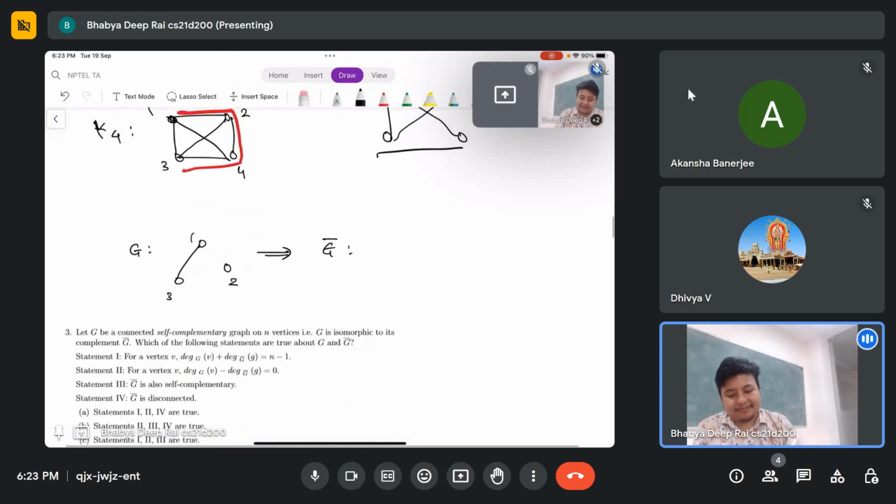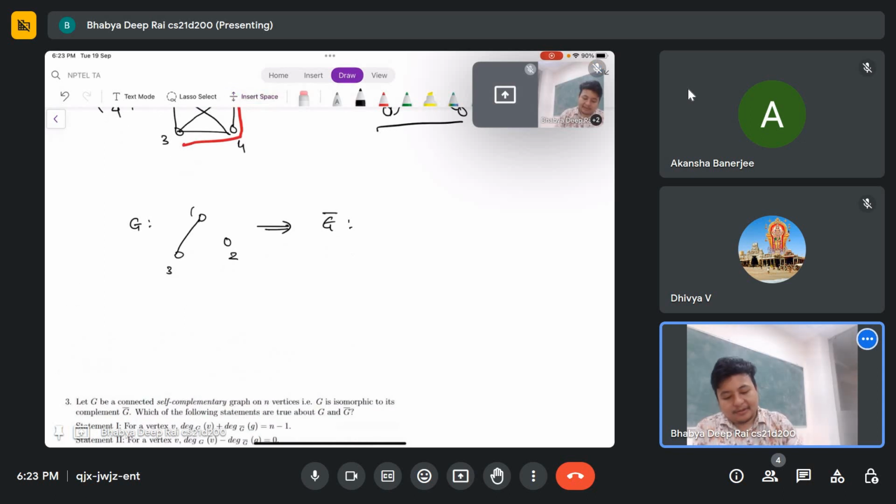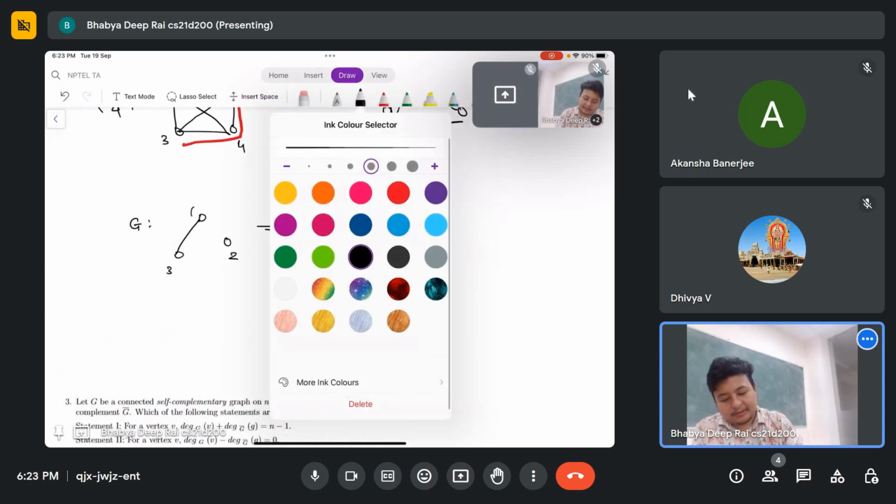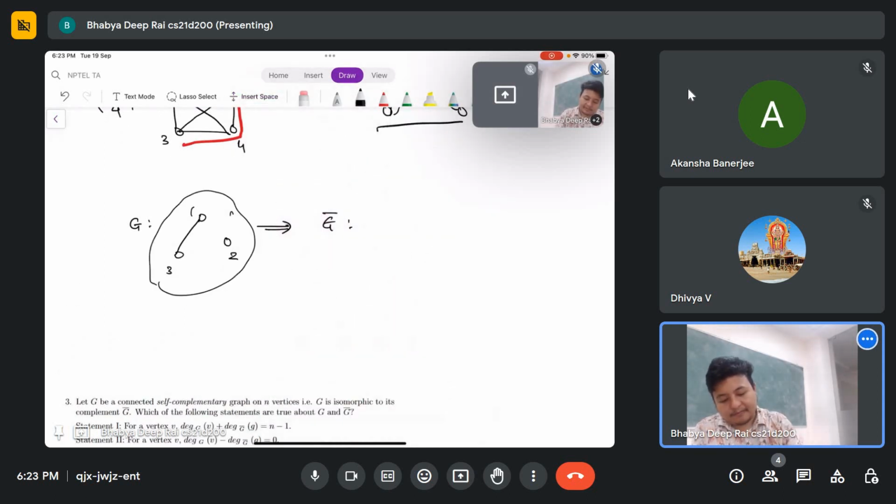Another example is this particular graph. This is one graph. Now I'll make a complete graph on 3 vertices. Okay, sorry, this is a complete graph on 3 vertices, right? Now what I'll do is remove all the edges which are in common. Let's say this is 1, 2, 3.